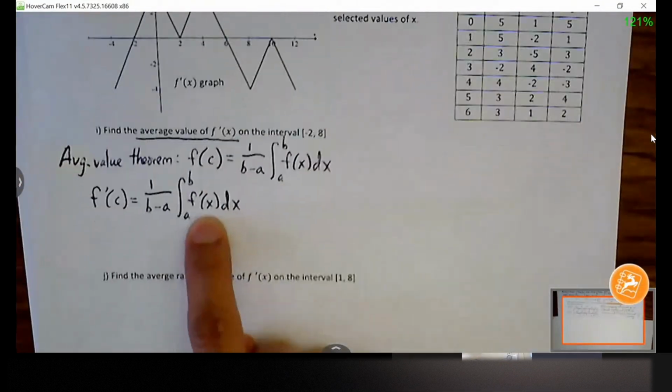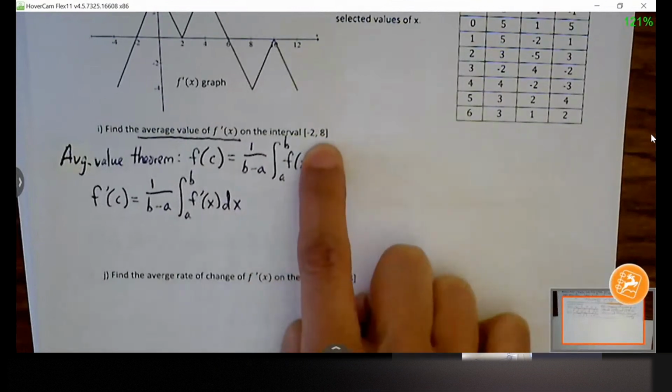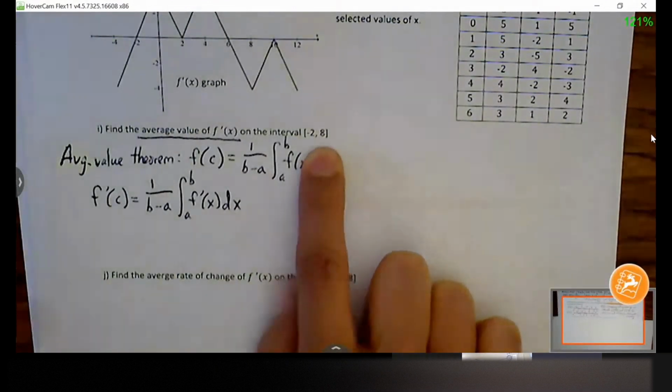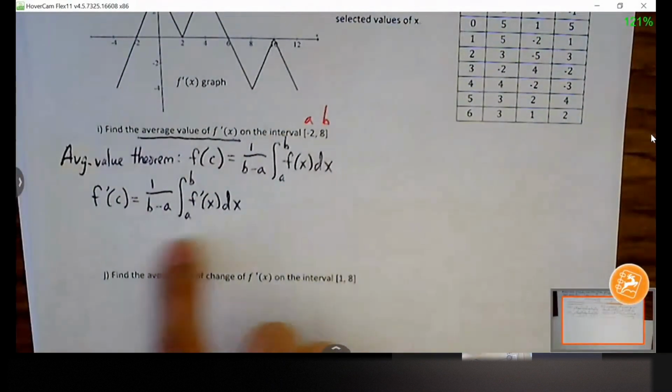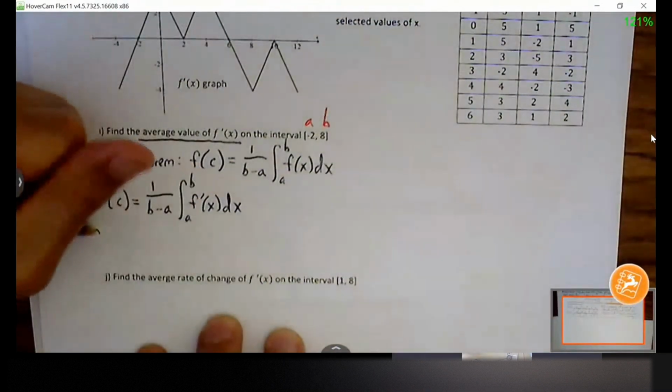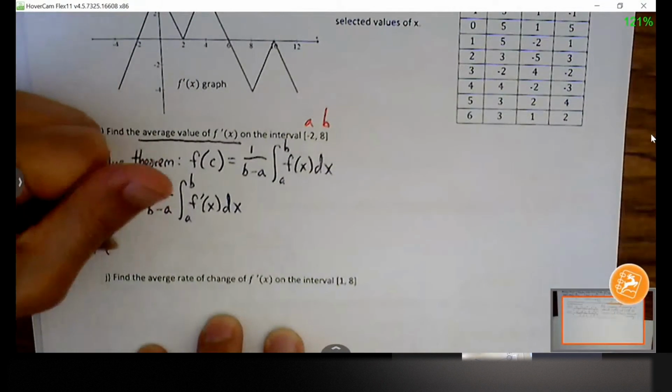Okay, we want to find the average value of f prime. So we have our a and b values, -2 and 8. And we just insert everything in and see how our graph can help us out.